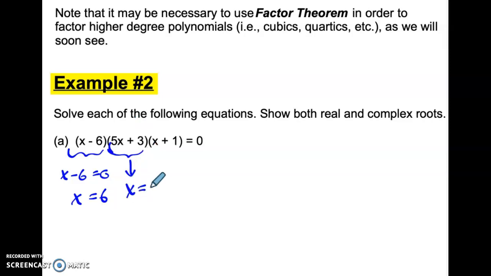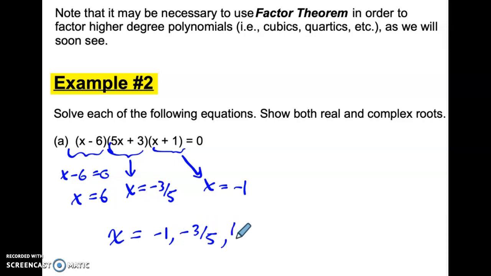So here x would equal negative 3 over 5, and for this one, x would equal negative 1. So the solutions to that equation are x equals negative 1, negative 3/5, and positive 6. We do generally list our solutions in order.